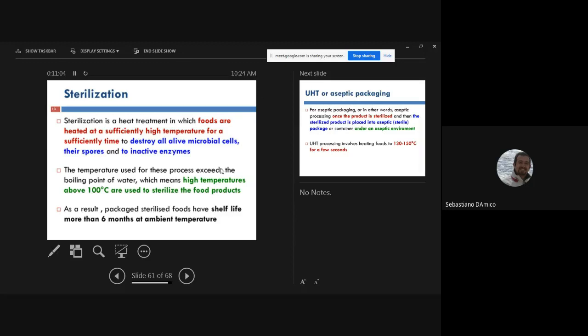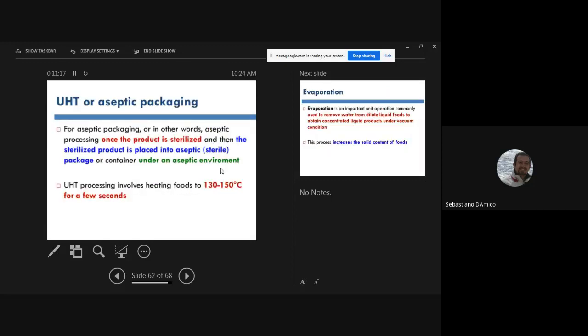As a result, we have a shelf life of more than 6 months at ambient temperature. Obviously, it's something that for several foods we are used to now, but before it was not that common.